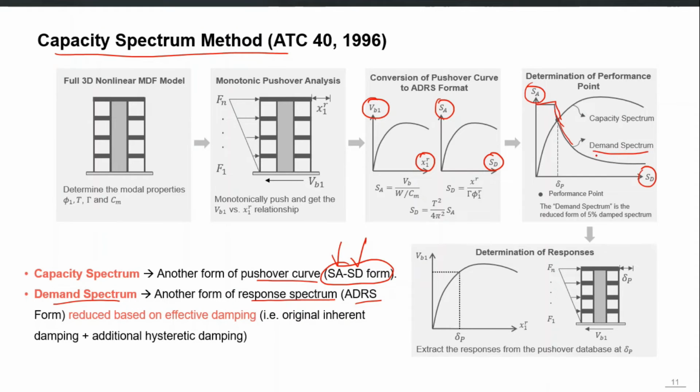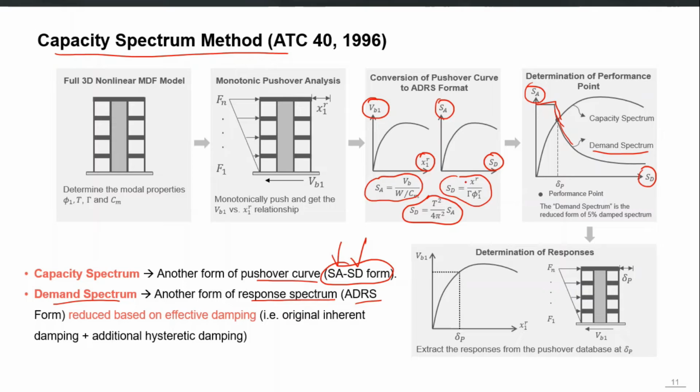So it is simple response spectrum converted into spectral acceleration, spectral displacement form. The conversion expressions are available. This is the expression to convert spectral acceleration versus time period into SASD form. Similarly, these two expressions are to convert the base shear and roof displacement to the SASD form.